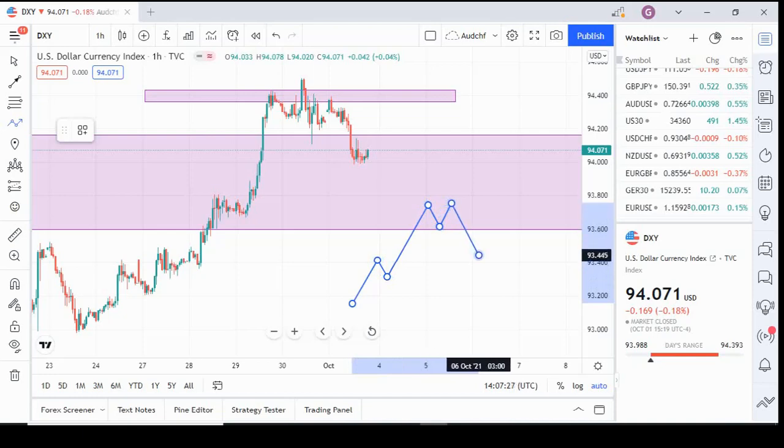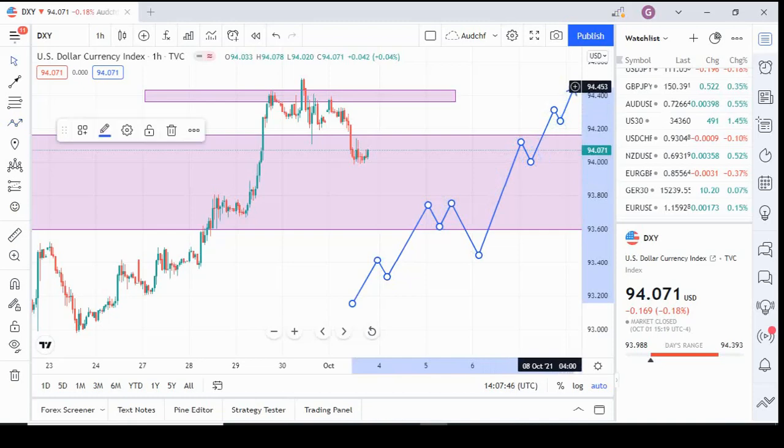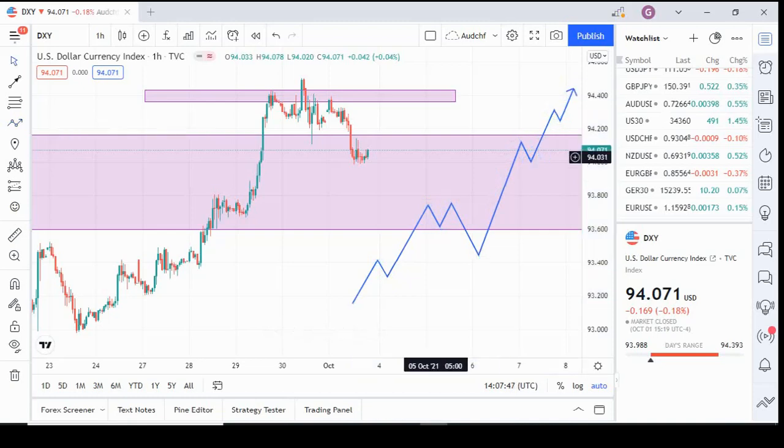Then you make another comeback, then you lose a bit, then you win and win, then you lose a bit and you win. There's actually a graph that you need to see when you analyze your winning rate.